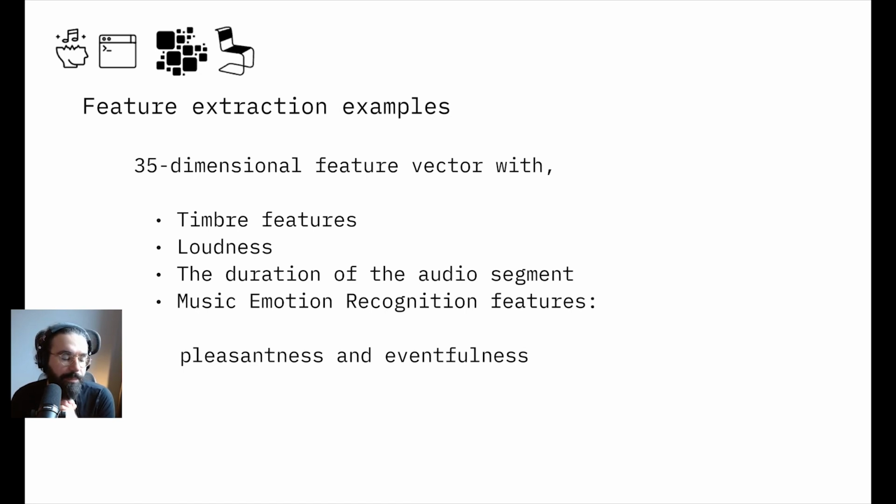So what we do is per feature, let's say loudness, we calculate a mean and standard deviation of the loudness across the whole audio sample, which gives us two values to be added to the feature vector.